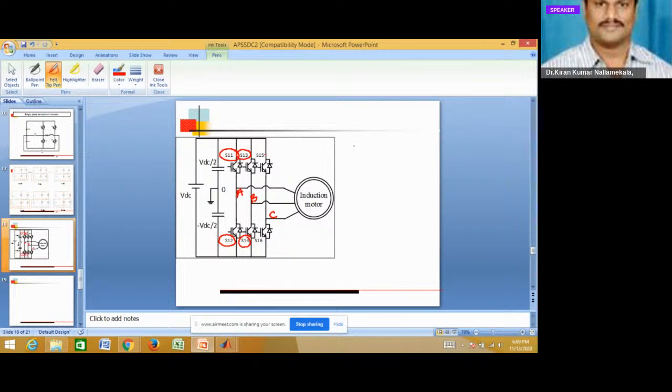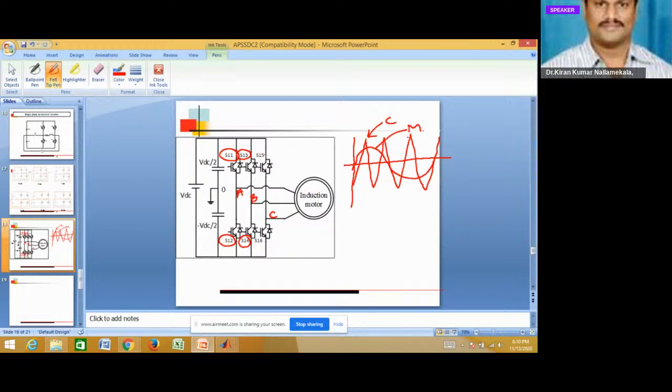In order to generate the gating signal for A phase, I need one modulating signal and one carrier signal. The modulating signal is a sine wave, and the carrier signal is a triangular wave. We are going to generate the carrier wave and modulating wave.